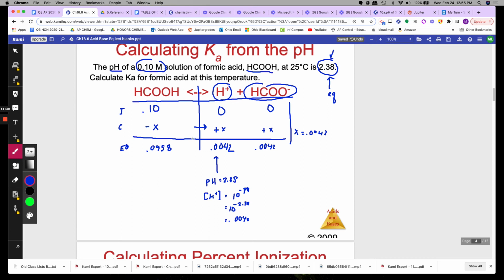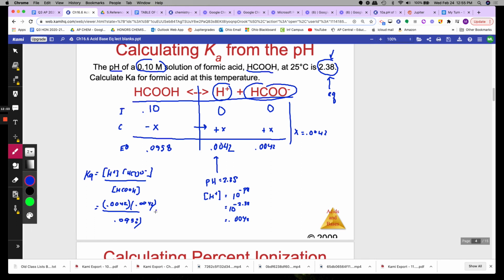So if you wanted to get the Ka, all you have to do is plug in these numbers. Ka is equal to H plus times HCOO minus divided by HCOOH, which is equal to 0.0042 times 0.0042 divided by 0.0958.